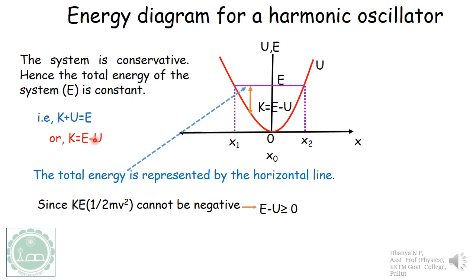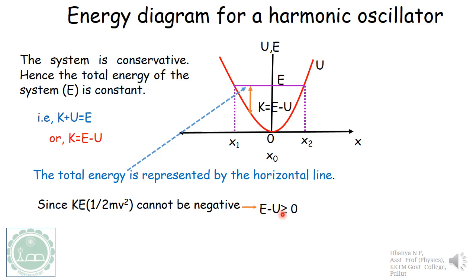K cannot be negative means E minus U is greater than or equal to 0, or taking U to this side, E is greater than or equal to U. That is, fixing the total energy puts limits on the potential energy. Total energy will always be equal to or greater than potential energy.